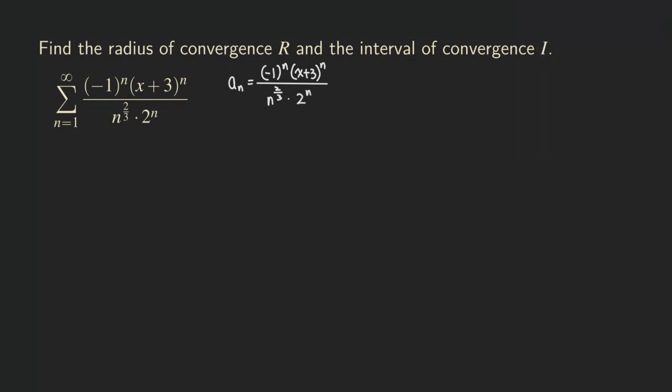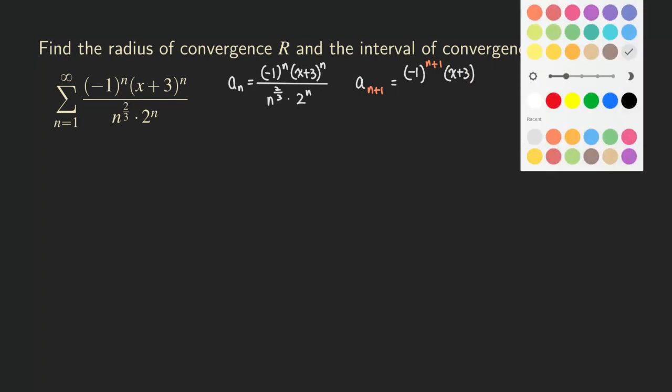For the a sub n plus 1, just our usual setup, that's equal to -1 to the n plus 1. We're replacing all the n values by n plus 1. So we are going to get x plus 3 to the n plus 1.